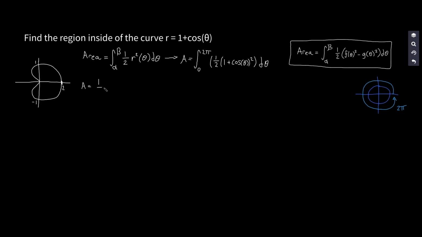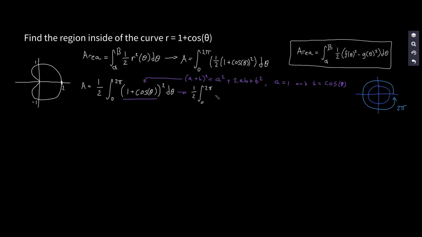So I'm going to go ahead and factor out that 1/2. And at this point, I'm pretty sure that here we can apply (a plus b) squared equals a squared plus 2 times a times b plus b squared, such that here a is set to 1 and b is set to cosine of theta.